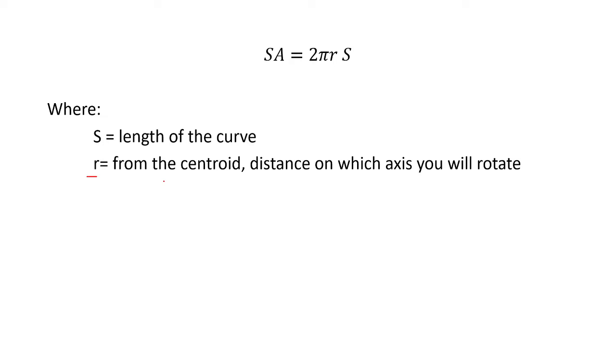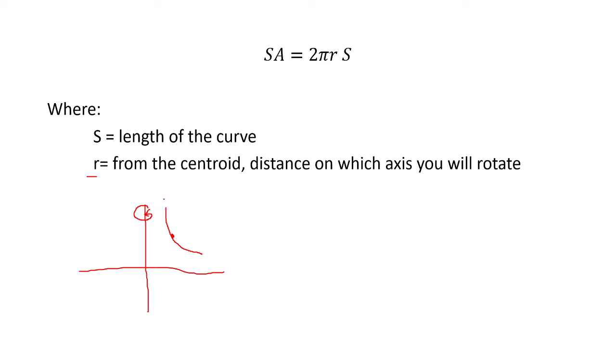So let's say, for example, you have this curve, okay? So that curve has a centroid somewhere here that we do not know. For example, we're going to rotate about the y-axis.